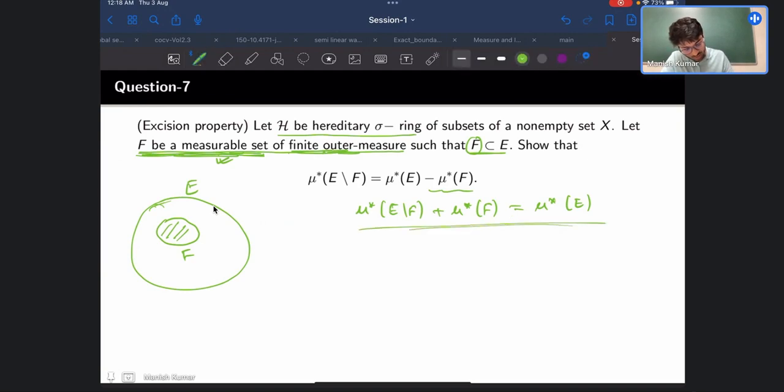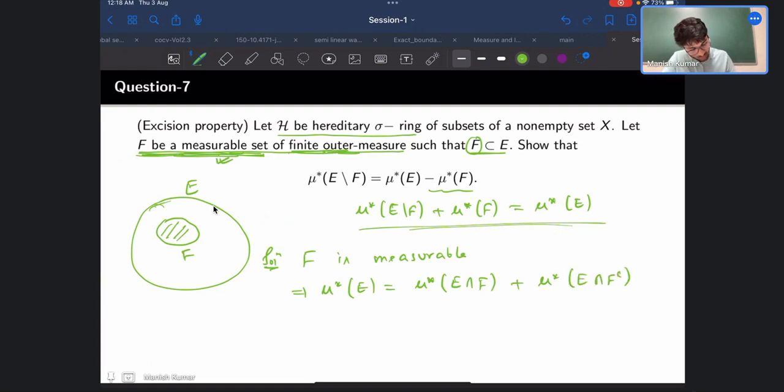Okay, so let us try to prove that one. What is given to you is that F is measurable. Now this implies that mu star of E is equal to mu star of E intersection F plus mu star of E intersection F complement, right? And what is E intersection F?